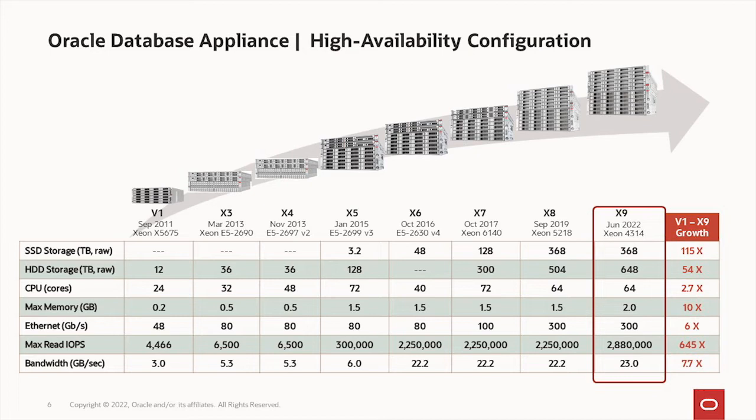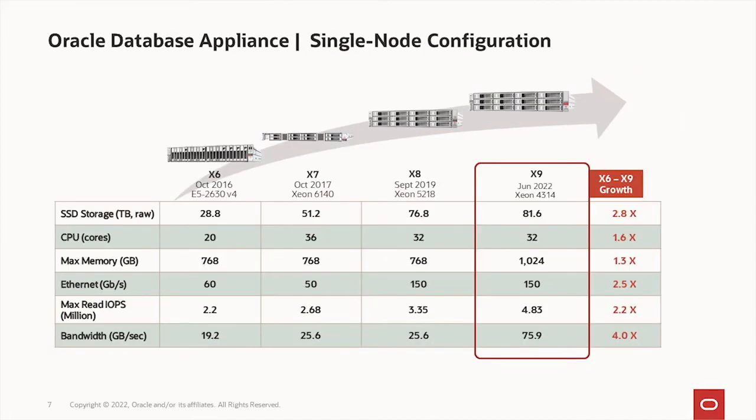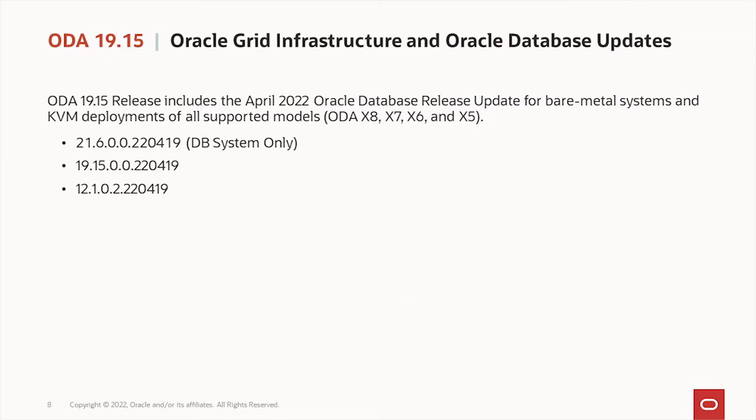It was a small increase because the backend storage is the same. But if you compare on the single node, this was a significant increase in performance, and obviously the same components are the reason why this is better: the PCI bus, memory, processor. So with that introduction to the X9, I'm going to pass it on to Paul to talk about 1915.